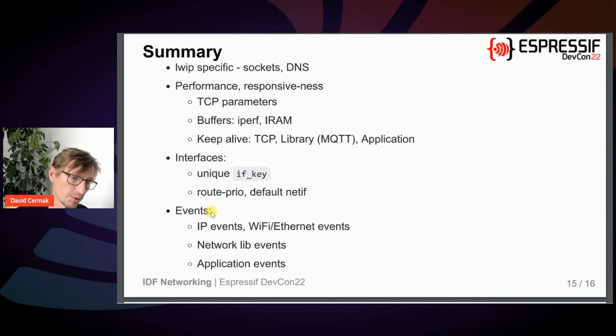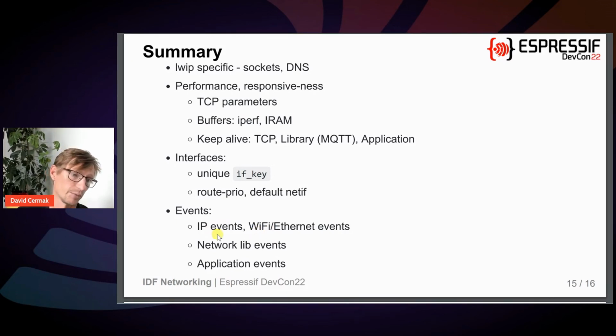As for the events, we have shown that we have the IP events, which come basically from the TCP/IP stack. Plus, we also have the events that come from drivers from the physical layer and the link layer, if the link is up or down.